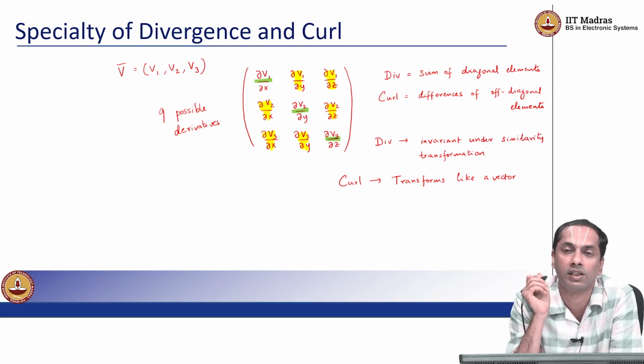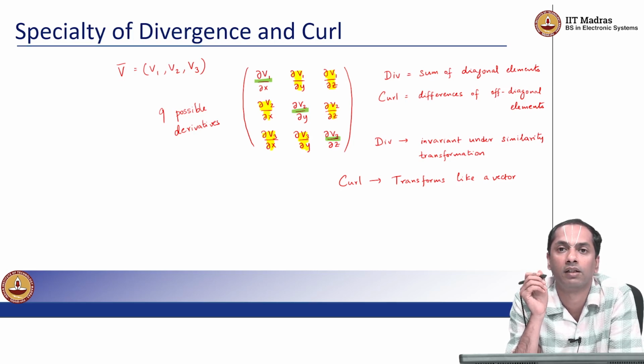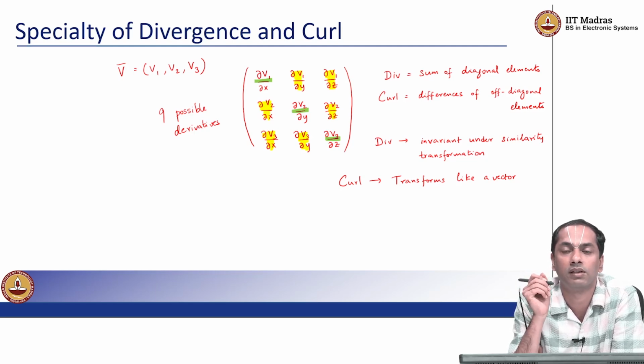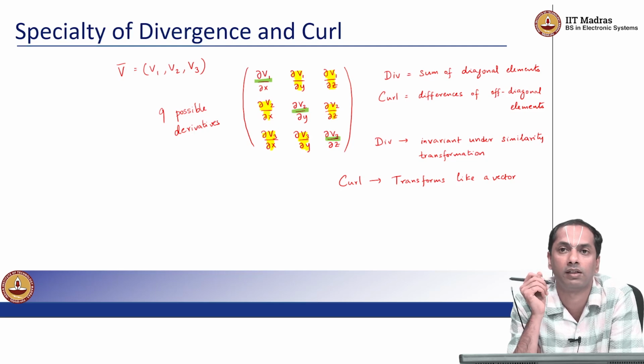It is a very special kind that says that, regardless of the observer, we can say that the form of these physical laws, or Maxwell's equations, does not change. So the reason for the appearance of divergence and curl is actually quite deep, as it says that this particular form of writing Maxwell's equations makes it invariant to similarity transformations.